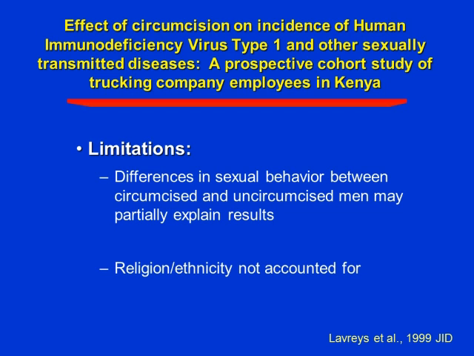Maybe it was sexual behavior differences that are just different in men who are circumcised and men who are not. And also religion and ethnicity, which is often associated both with circumcision and with sexual behavior, was not accounted for. So in order to make a definitive conclusion about circumcision and HIV, we need yet a different study design.